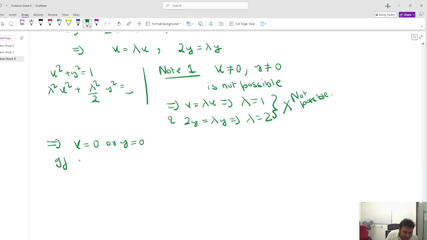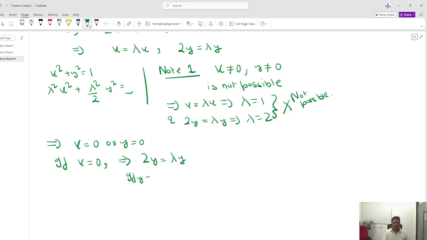So if x equal to 0, let us see what happens. This implies you will have 2y equal to lambda y. This is the equation which you should consider because the other equation won't give you anything.